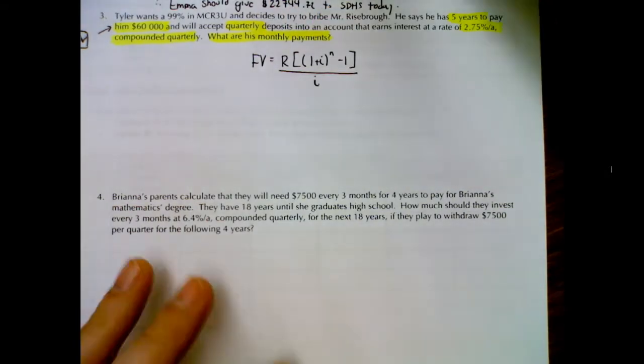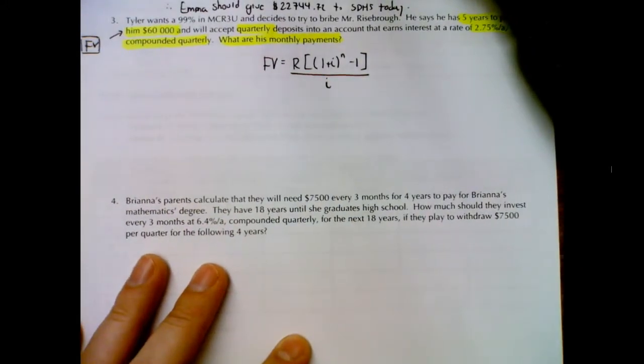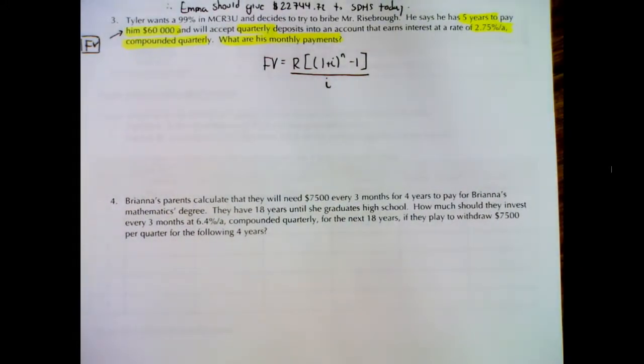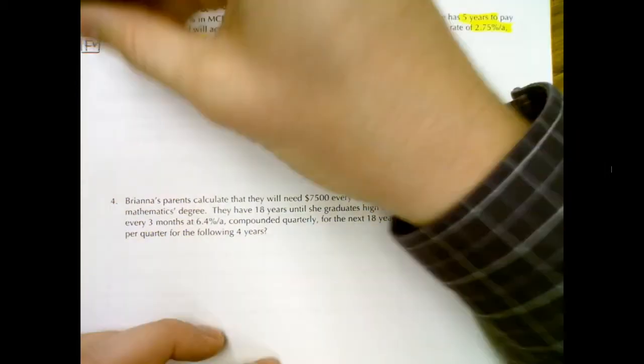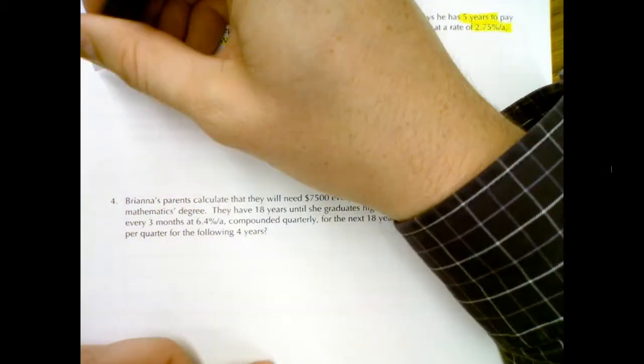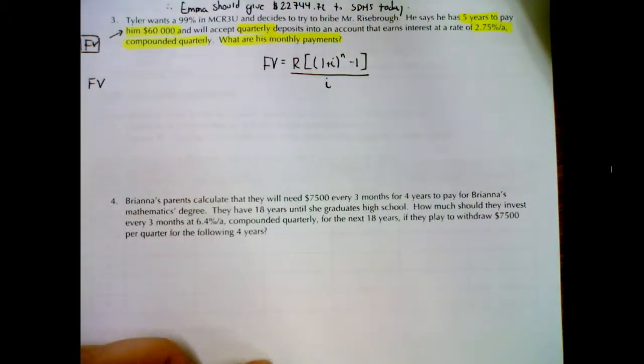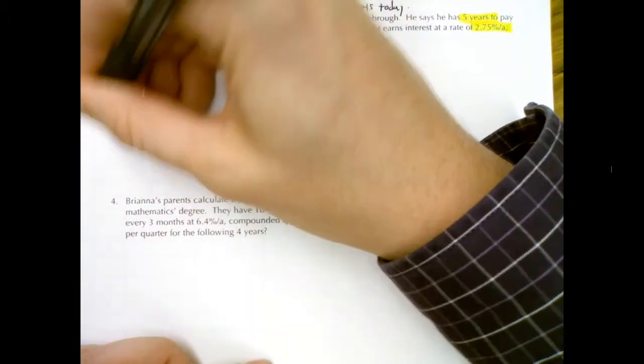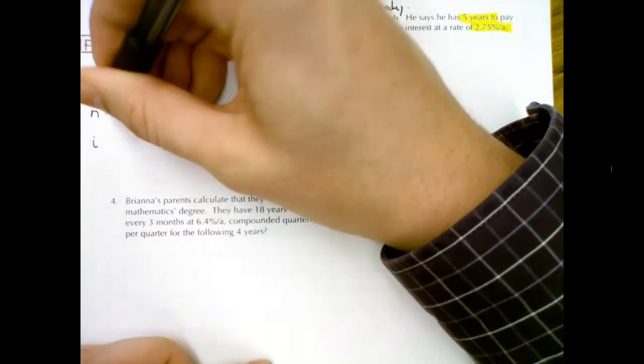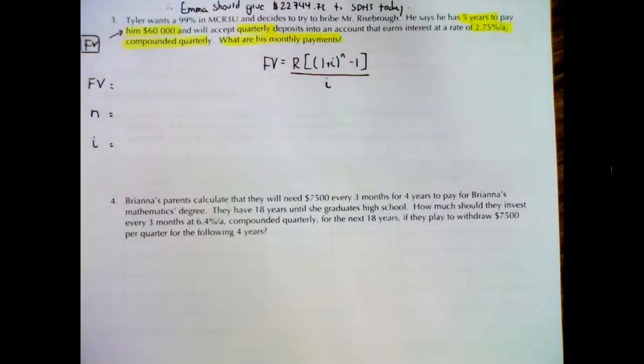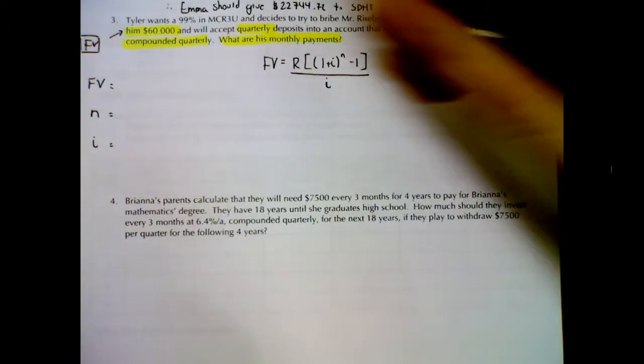I said I was going to set it up. We're just going to do the whole question. Let's look at what we know. Well, we don't know R. That's what we want to solve for. So that means we have to know all the other variables, FV, n, and i. And also, we're probably going to have to rearrange this equation so we can solve for R. Well, FV is the 60,000.